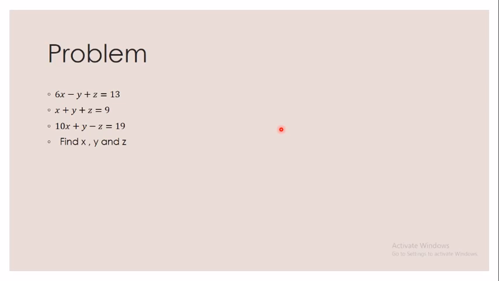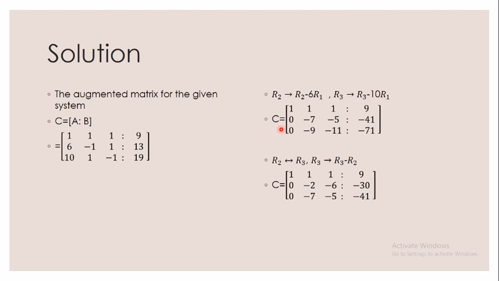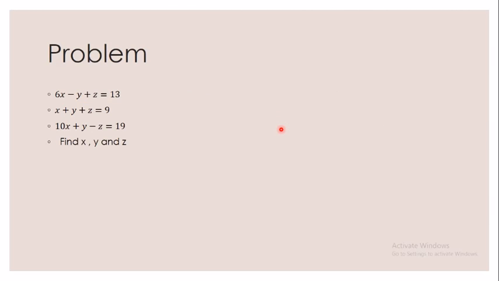Now the problem given to you is this: 6x minus y plus z is equal to 13, x plus y plus z is equal to 9, 10x plus y minus z is equal to 19, and you have to find x, y and z using Gauss Jordan method. So our first aim is to convert this system into the form Ax equal to b.